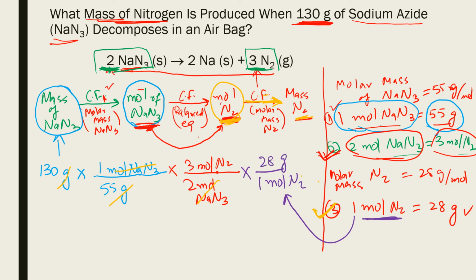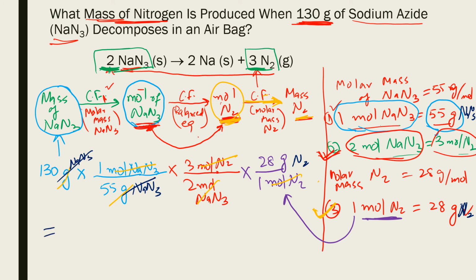Again, moles nitrogen cancel with moles nitrogen, and now we have grams of nitrogen. This is grams of nitrogen, and this is grams of sodium azide. You should write whose grams you are talking about, and 130 is grams of sodium azide. It's understood, I just left that off, but you should write it.